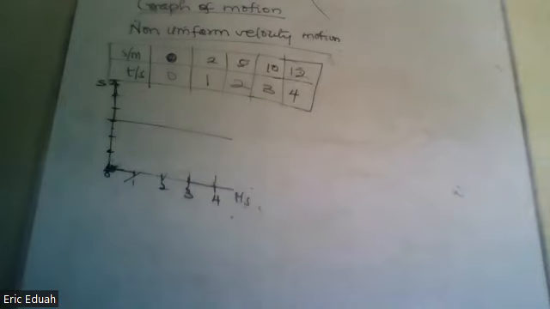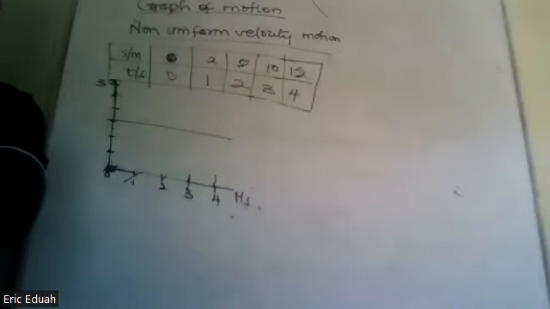But on the graph, there isn't any change in displacement, but the time is still moving. For the body to move, it has to move from one displacement to another displacement. Okay. Immaculate, what do you also think? Okay.